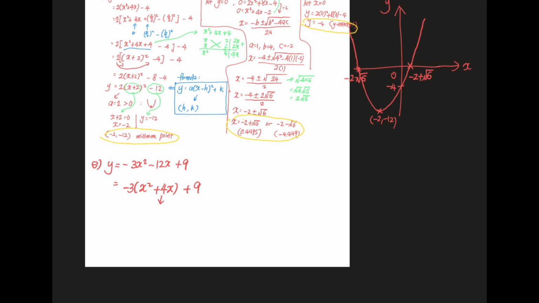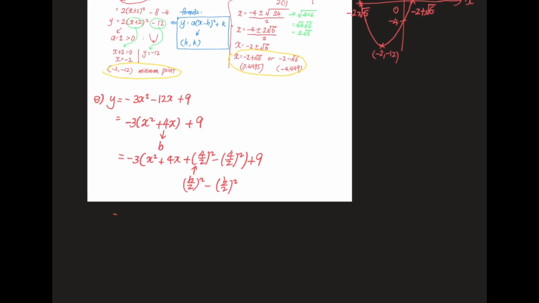Okay, now we can start the process, where this is b. So we put it in this way. First minus 3, then we write back the x squared, we write back the 4x. Then here we put b over 2 squared minus b over 2 squared. So we add these two terms, where it is 4 over 2 squared, 4 over 2 squared again, plus 9.